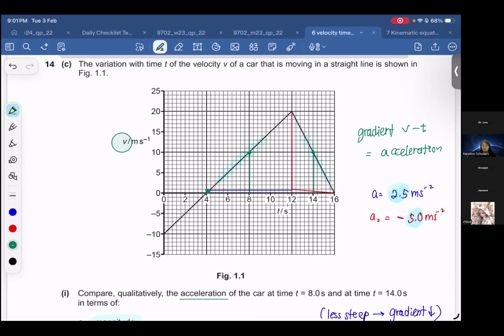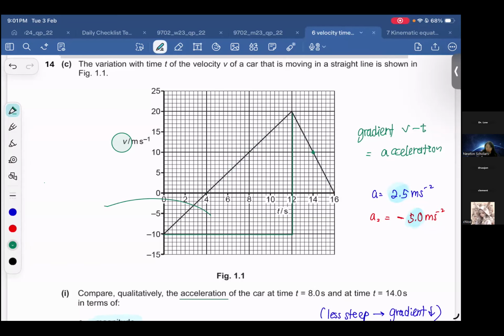Clement correct. Jiaxuan correct. Okay, so here we want to calculate at time 4.0 seconds. Can you see that? We can use this part, the triangle, to find the acceleration.